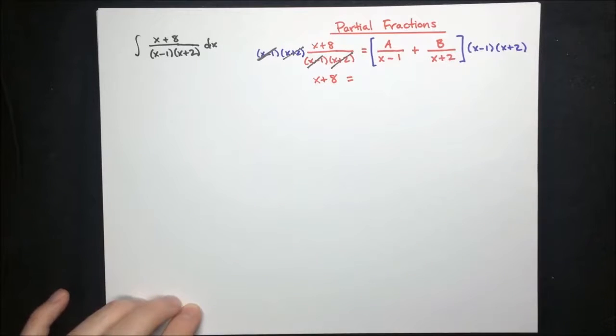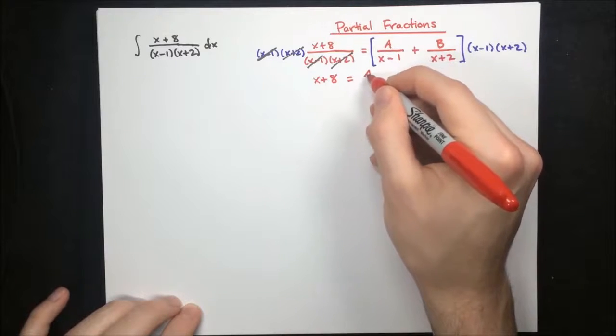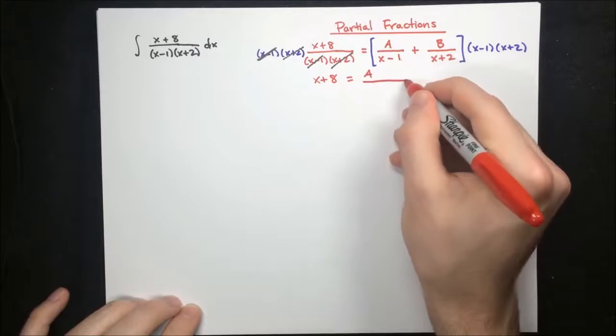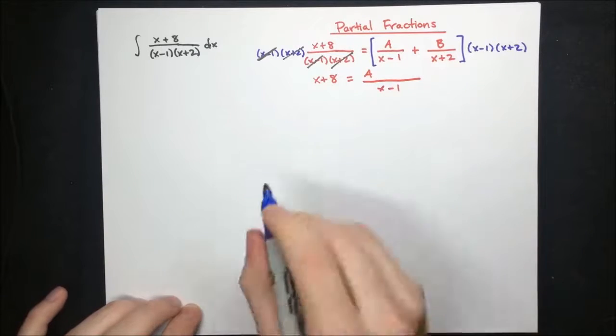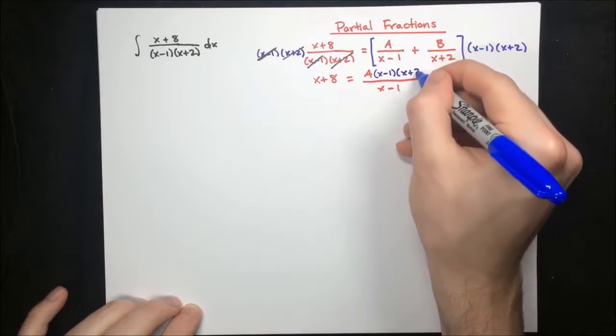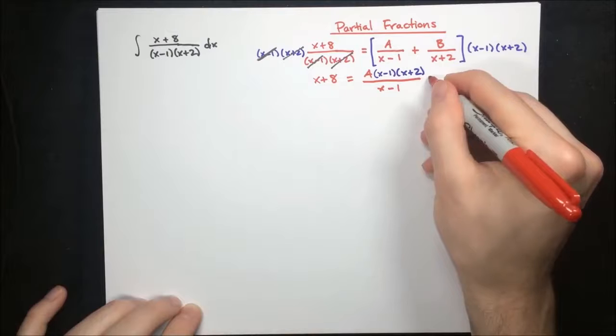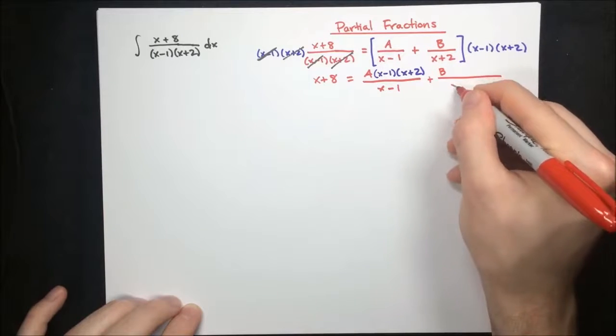For the right-hand side, there's a lot of canceling that happens also, and to be very explicit, why don't we just write it out entirely? So a times this product over x minus 1, write in the product x minus 1, x plus 2, and then plus b times that same product over x plus 2.